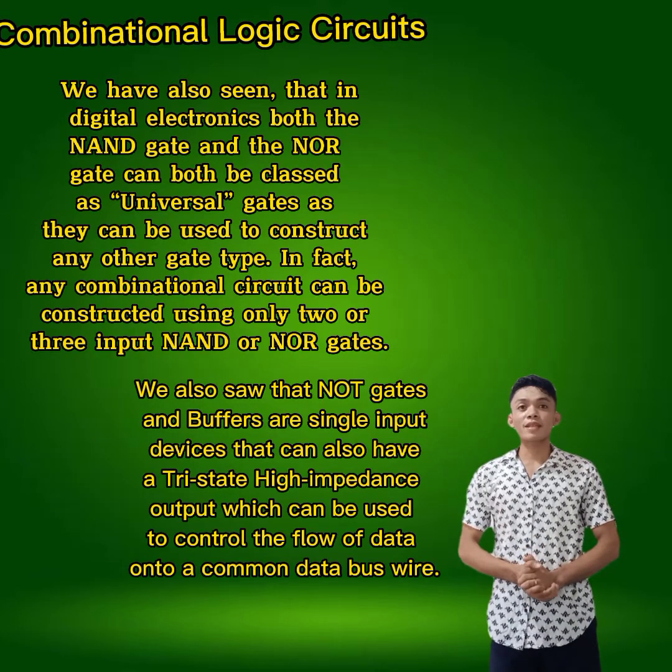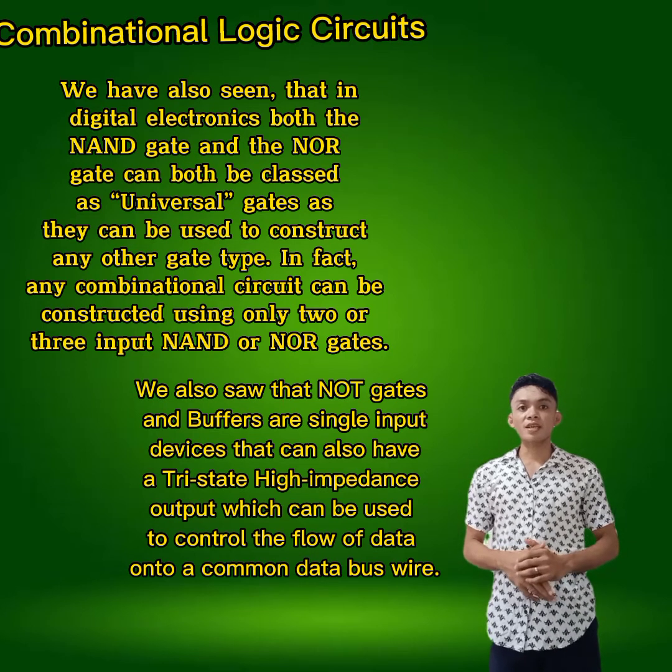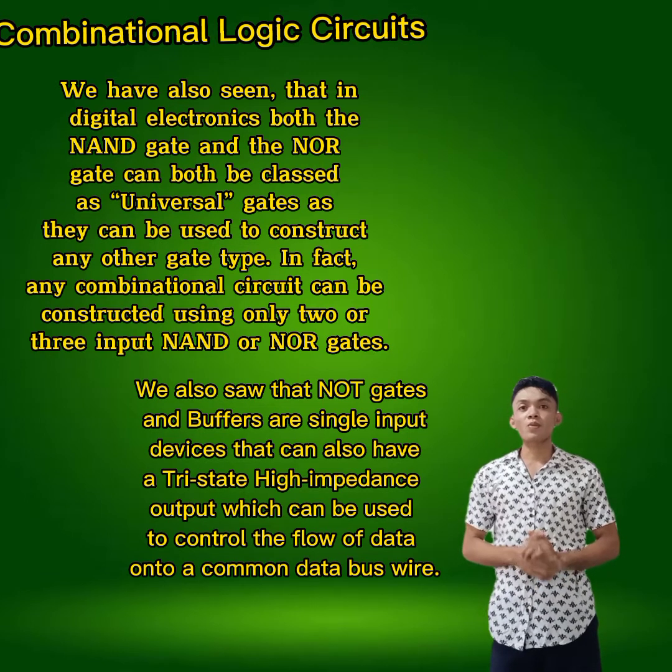We have also seen that in digital electronics, both the NAND gate and the NOR gate can be classed as universal gates, as they can be used to construct any other gate type. In fact, any combinational circuit can be constructed using only 2 or 3 input NAND gates or NOR gates.